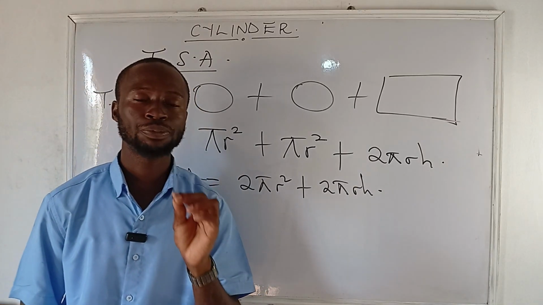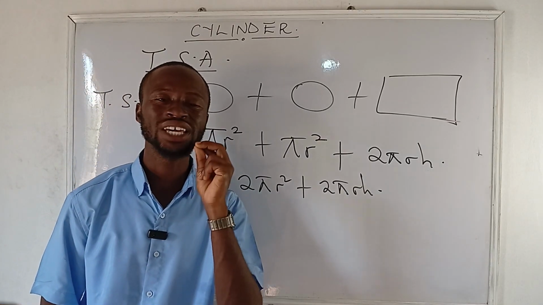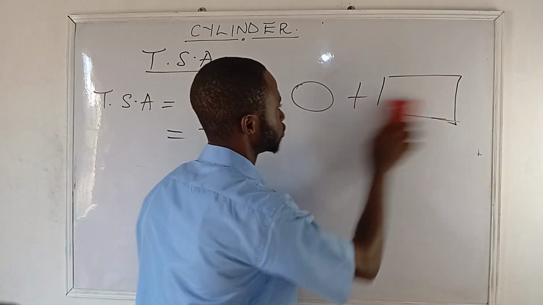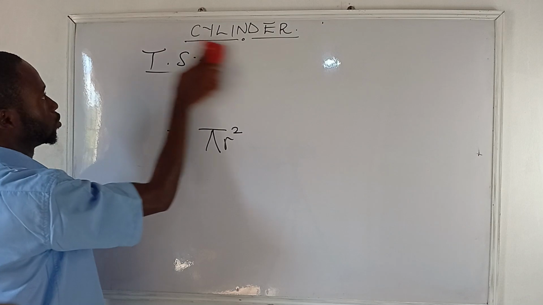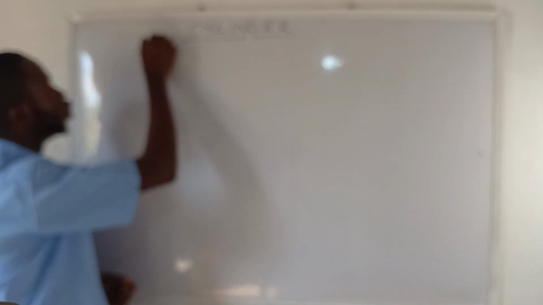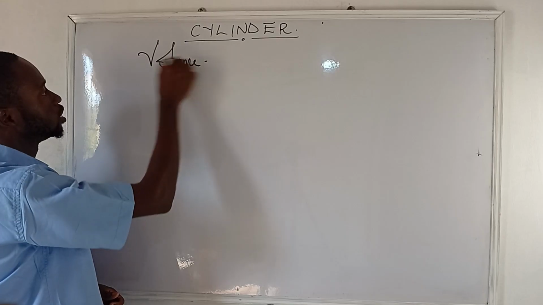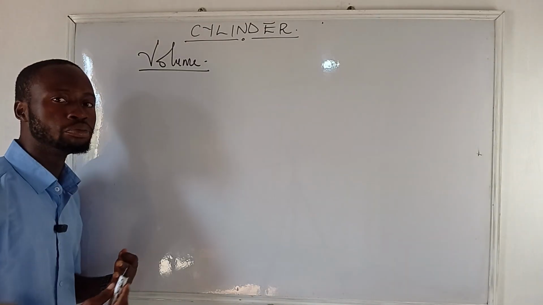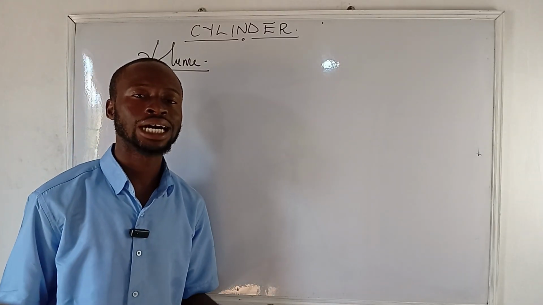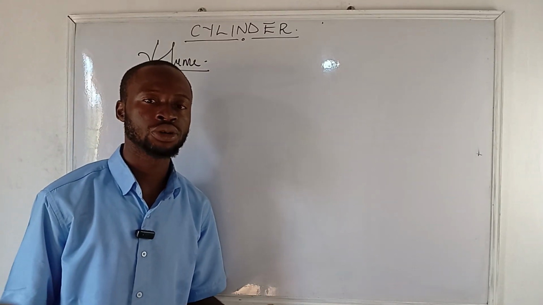Now let's go to the last part, and that's the volume of a cylinder. For the volume of a cylinder, you agree with me that a cylinder is more like a container that takes in things, like the tanks that we use in our various houses.